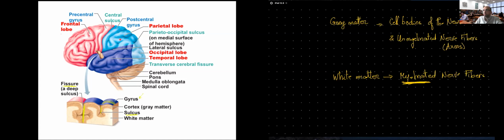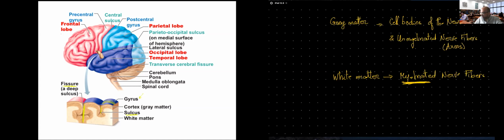This is going to be my parietal lobe. The part that is in contact with the occipital bone of the skull is going to be my occipital lobe. And on the side here, we've got the temporal lobe. So we've got frontal, parietal, occipital, and temporal. And those are the same names as what we've seen in the cranial bones.